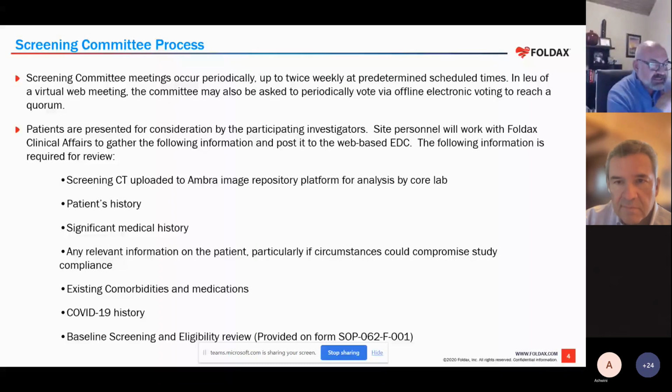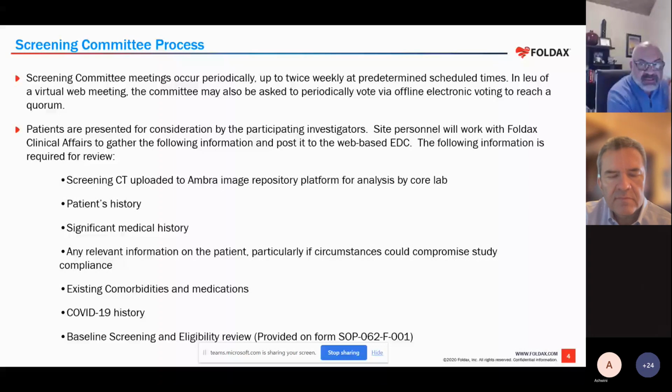It all starts with these meetings, once a week or sometimes more than that, if we're doing the offline voting, where they're reviewing the patient history and all the charting information, and also the CT that you upload to do the screening. If there are any questions, we may call a live meeting.